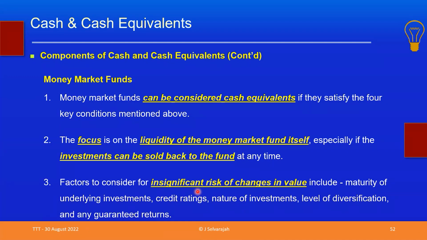What is the level of diversification so that the investment is not at high risk in any way? And what are the guaranteed returns? So you have to look at all this to consider whether an investment has an insignificant risk of changes in value. So this is a decision, a judgment called a professional judgment.